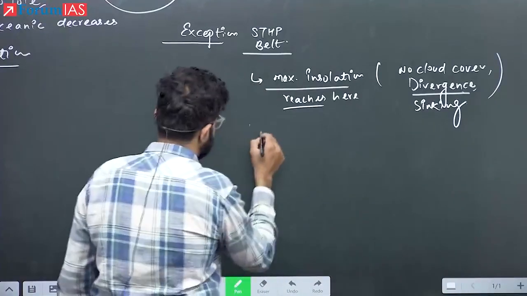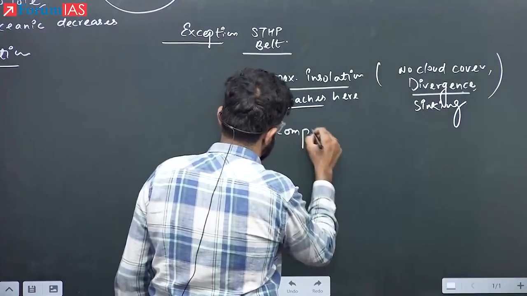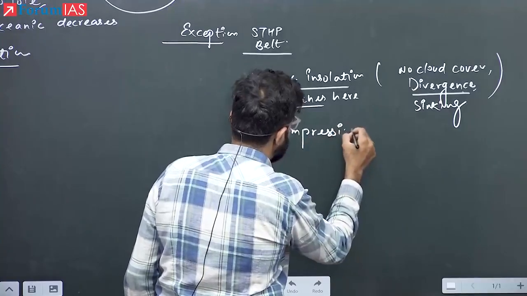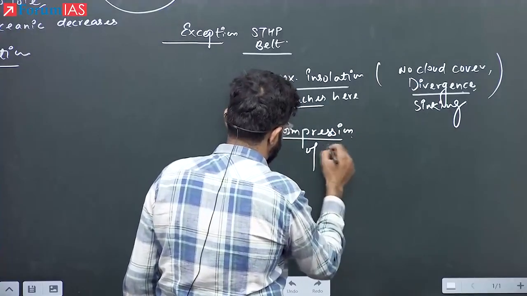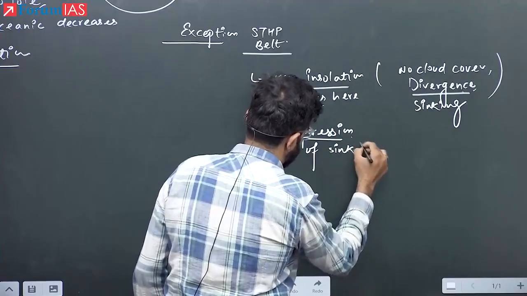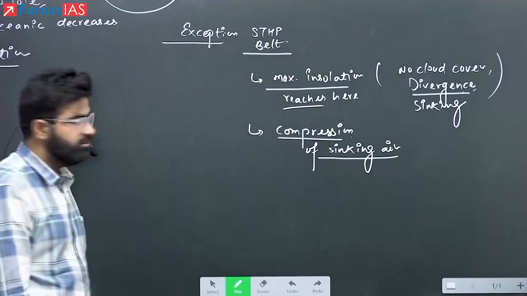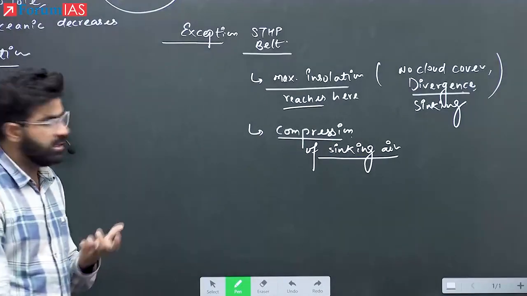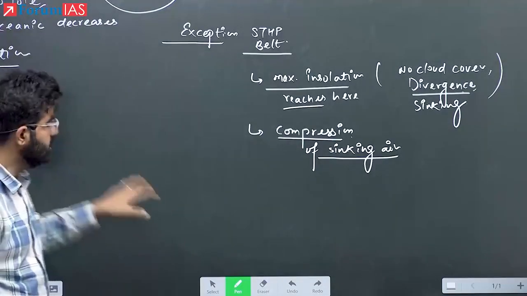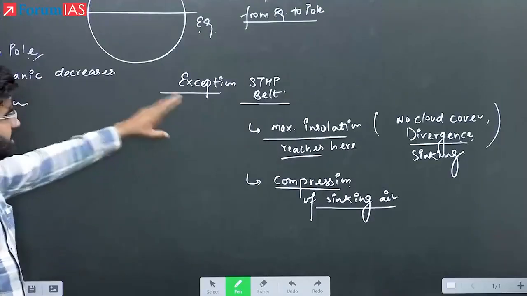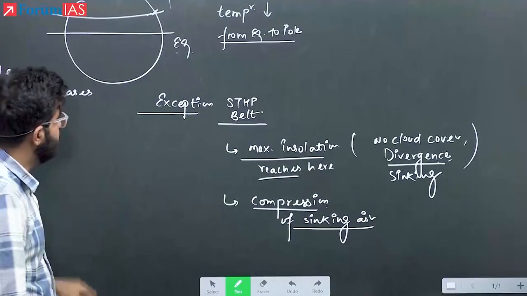And second is compression. The second is the compression effect, which is created by the sinking air, that is, sinking upper atmospheric air, right? So because of that, you will see the STHP belt will have the maximum temperature.